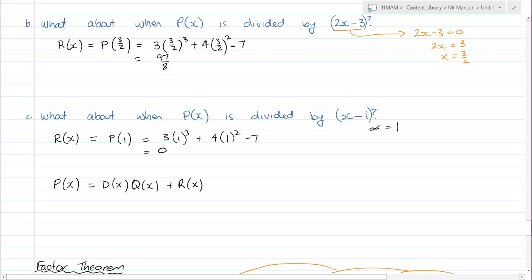And in this case, we get 3x cubed plus 4x squared minus 7 is equal to x minus 1 multiplied by q of x plus 0, which we don't need to write on there. So that means this is a factor.